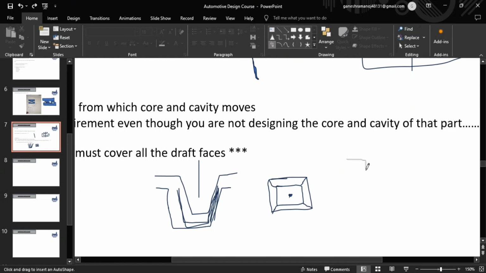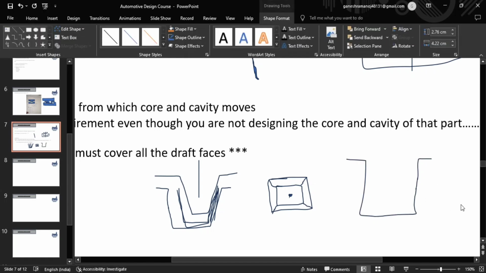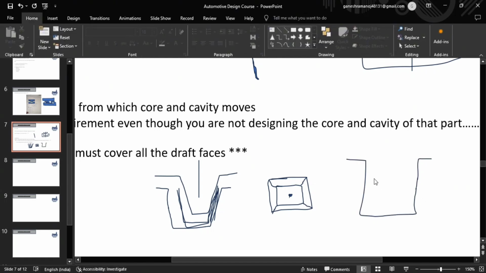Let's say you have a straight walled plastic part, imagine these are the straight walls, I can't draw that precisely. And you ask a core and cavity injection molding supplier to make this part. So what will happen, he will design a core and cavity.